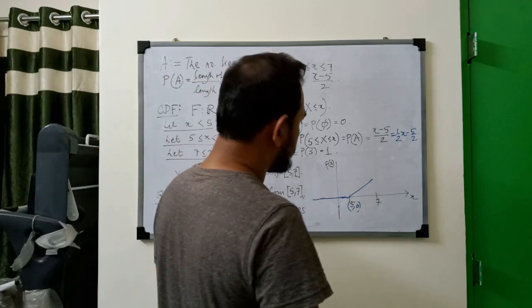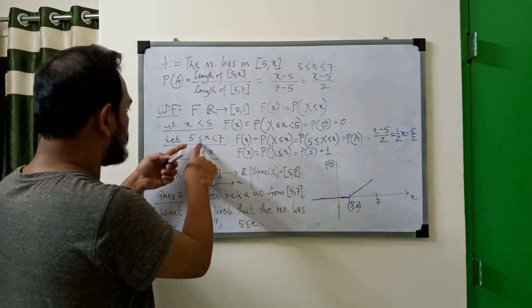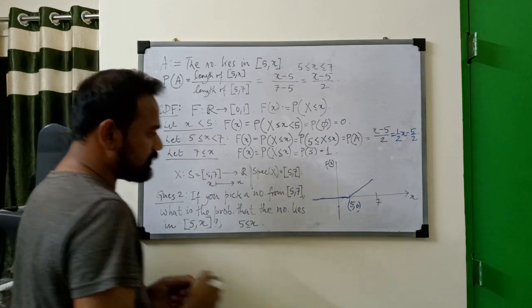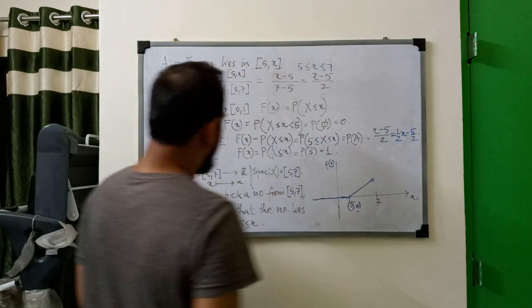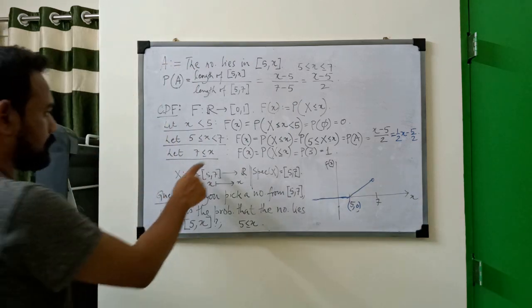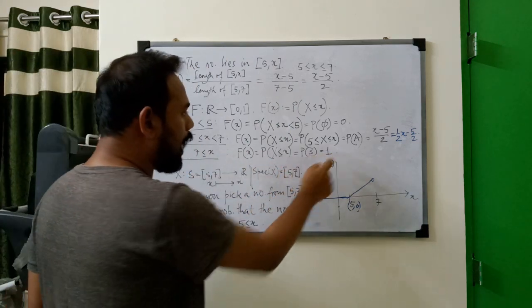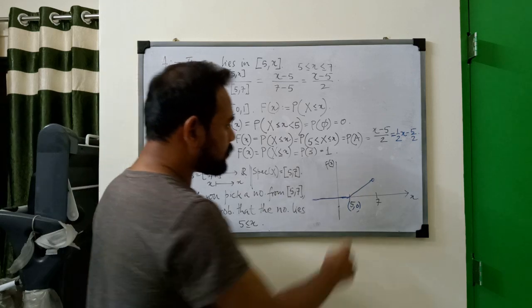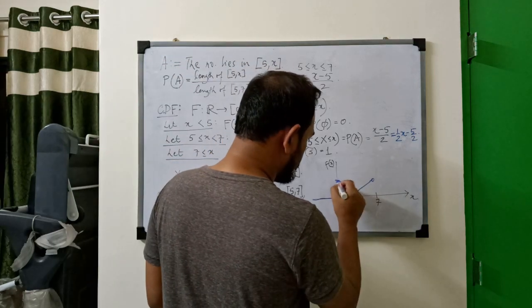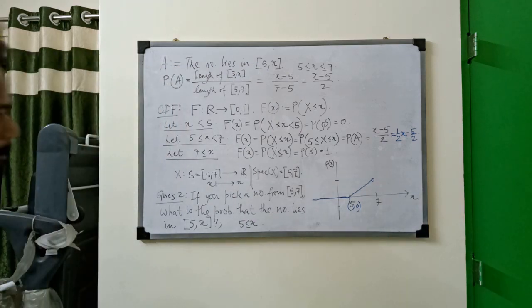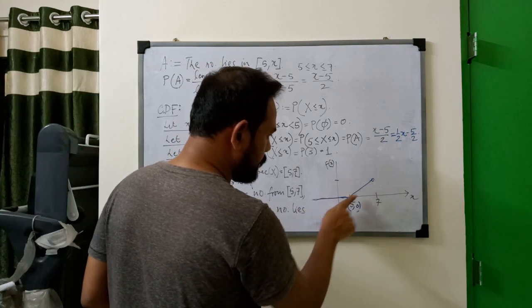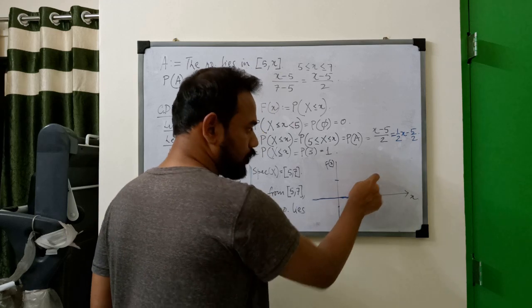So this goes on up to 7, not touching 7. So let's circle that. And from 7 onwards, what's the value? It's 1. Now the question is, what is this point, where this line just hits its top?